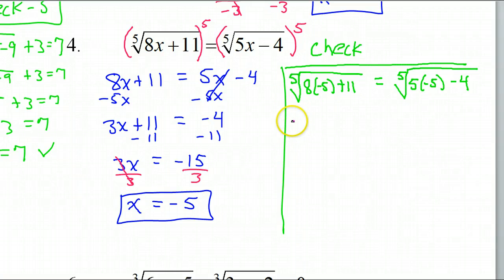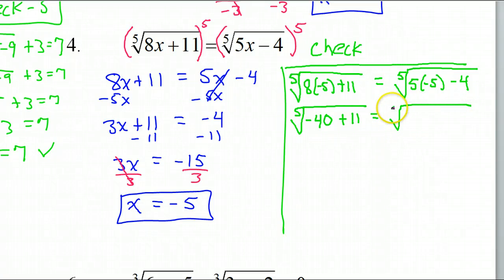Okay, so the fifth root, 8 times negative 5 is negative 40. So that's negative 40 plus 11. And over here, we've got the fifth root. All right, 5 times negative 5 is negative 25.